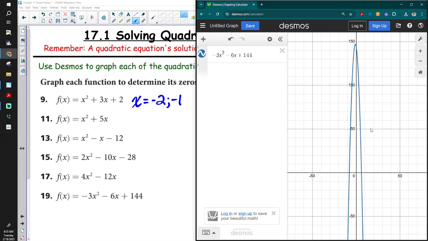If I click on my blue line, okay, remember there are a few important points. One, this time, where is our vertex? Our vertex is at the tippity top. It's a maximum.